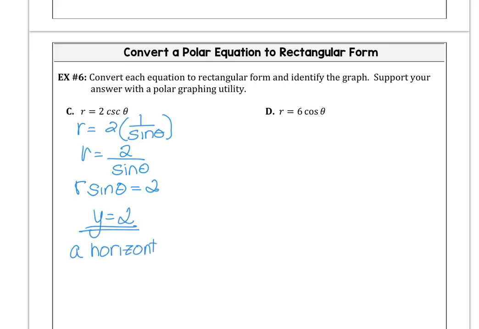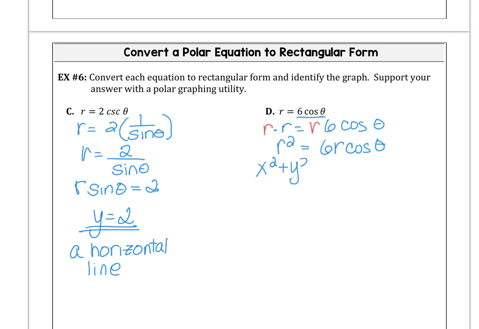And then lastly, a little algebra trick here. We don't have anything to replace this right side. So let's just have a little r times the left and a little r times the right. So then we have r squared is 6r cosine theta. r squared is x squared plus y squared. And r cosine theta is x.